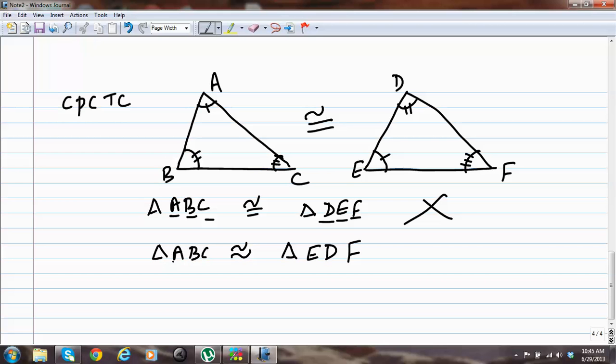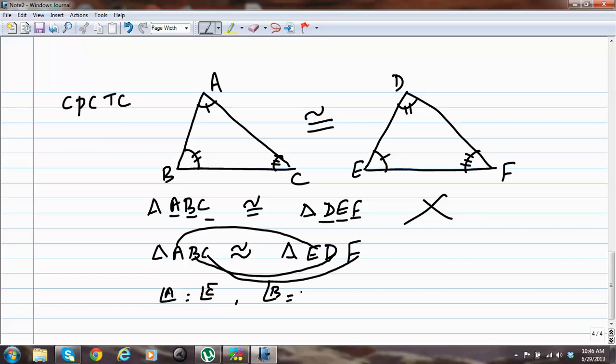When you see this, you can very clearly see that A matches with E, B matches with D and C matches with F. So when we represent like this, we can clearly say that the corresponding parts, that is angle A equal to angle E and angle B equal to angle D and angle C equal to angle F. Similarly, when you take the sides, you can say that AB equal to ED.